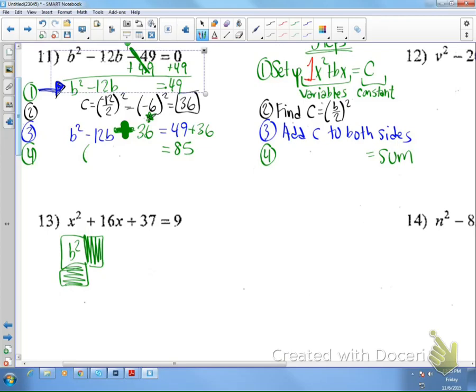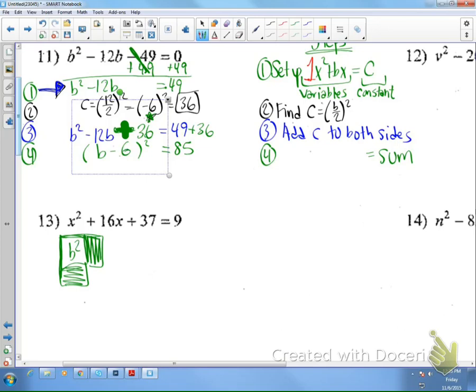This is called the perfect square binomial. Essentially, you could even do the tic-tac-toe method. The tic-tac-toe method gives you the factors, the length and the width. If you want to go through the tic-tac-toe, great, but this is faster if you remember this number is the number you use. And that's why I said, careful, when some of you told me positive 6, it has to be negative 6. Is that the answer?